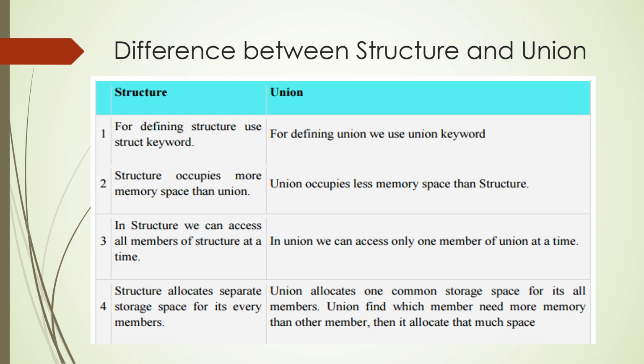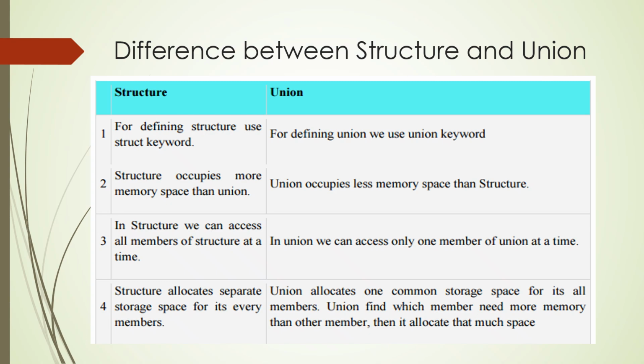Now let us look at the differences between structure and union. For defining a structure we use the struct keyword. For defining a union we use the union keyword. Structures occupy more space than unions. Unions occupy less space than structures. In a structure we can access all members at a time. In a union we can access only one member at a time.